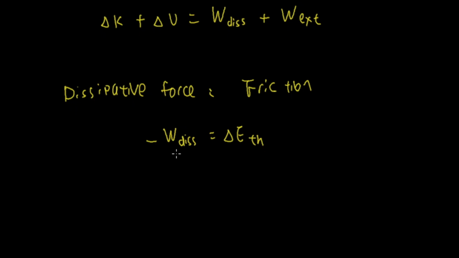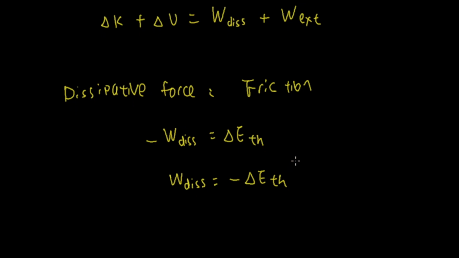Now, why is it negative? Because friction always acts in the opposite direction of where the object is moving. So we can also just multiply both sides by -1. We have work done by dissipative force equals negative change in thermal energy.